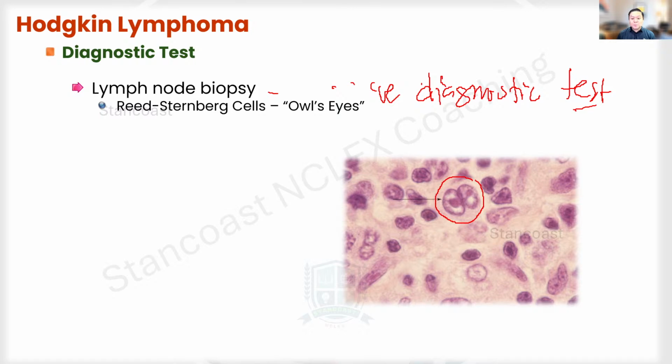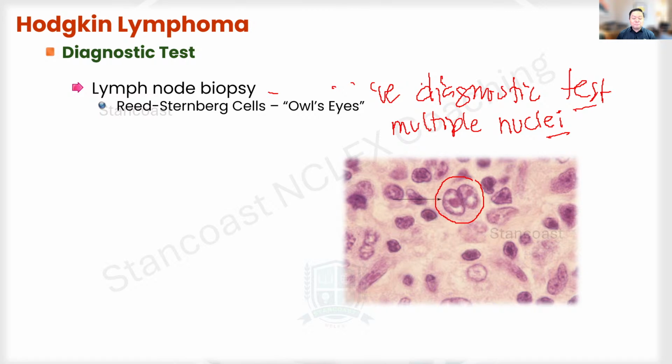Basically, they are large, abnormal cells that have multiple nuclei. And this is really what sets apart Hodgkin lymphoma from non-Hodgkin, the Reed-Sternberg cells.